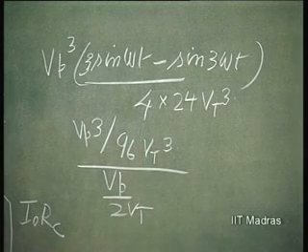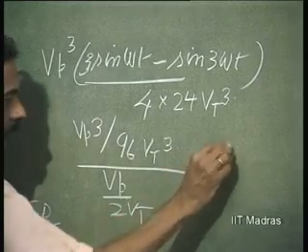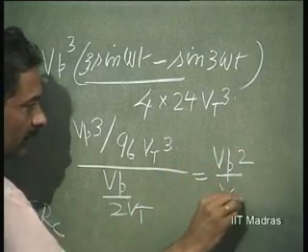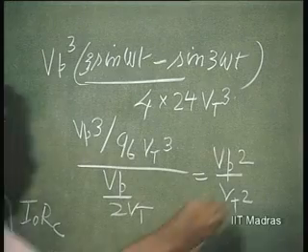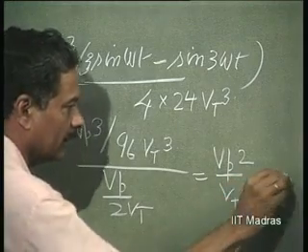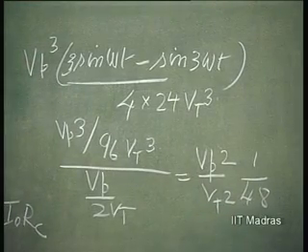Okay. So, we have this equal to Vp squared by Vt squared into 48, correct.